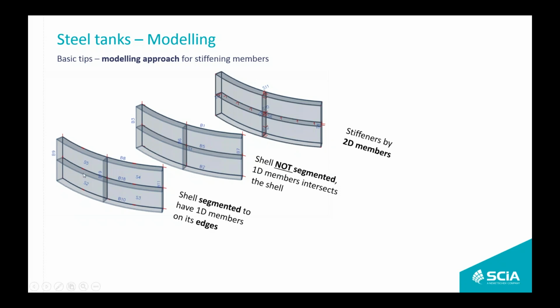The second one are 1D members that intersect with shell elements, and the third one is stiffening by 1D members that are only placed on the edges of the 2D members.